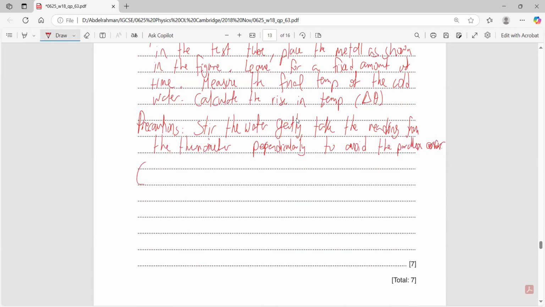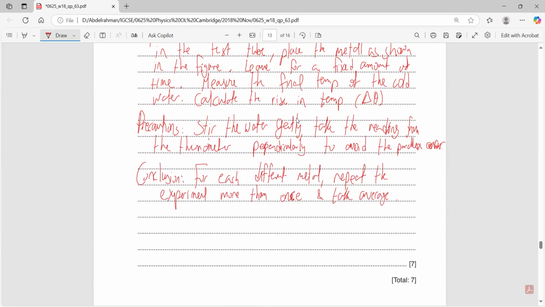What about the conclusion? What about a conclusion for each different metal? Repeat the experiment more than once and take average.